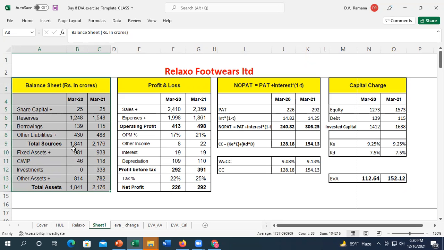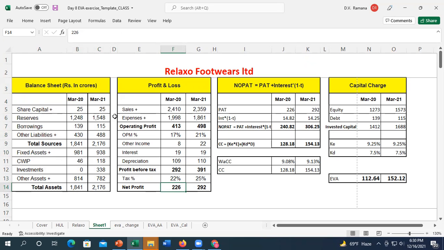The total sources have gone up from 1,841 crore to 2,176 crore, majorly because of the reserves. In fact, they have been reducing their debts, but the reserves have been rising, and the reserves are rising because their profits have been continuously rising.